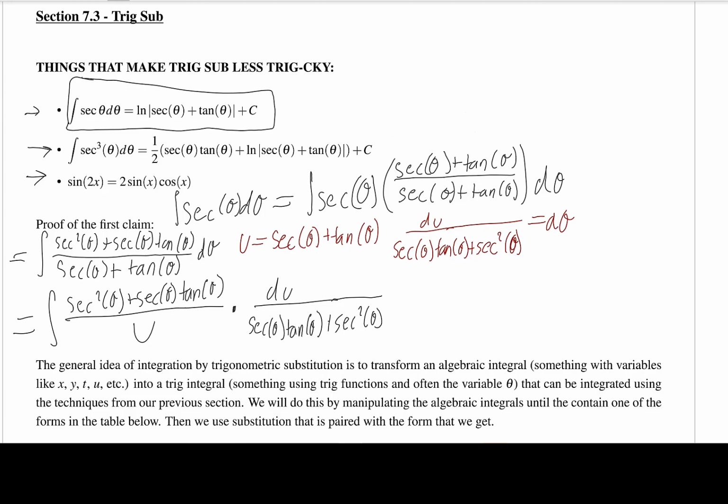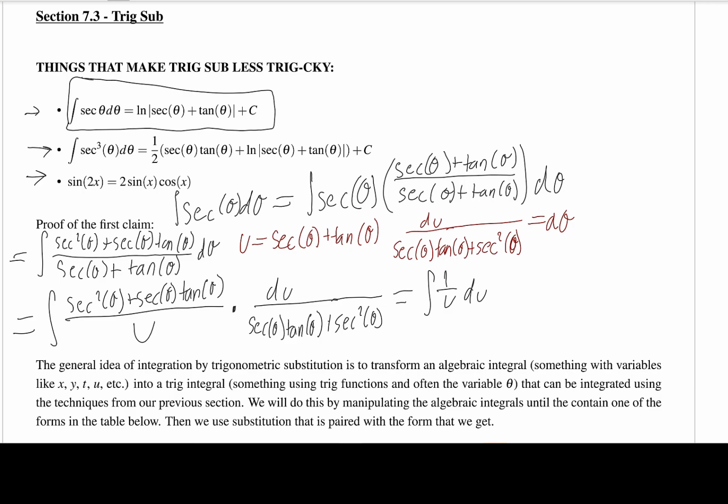And so now we should notice that this denominator and this numerator are going to cancel out with each other. And so what we'll be left with is just the integral of 1 over u du.